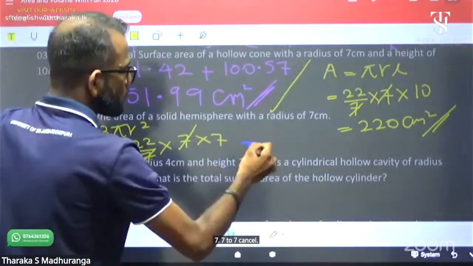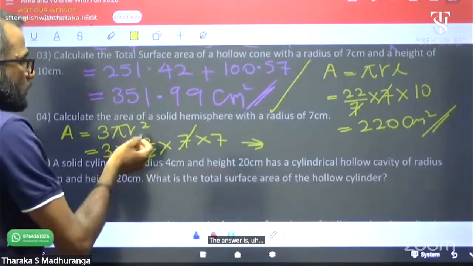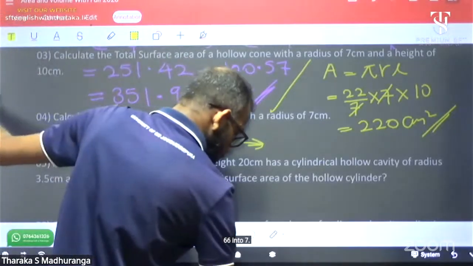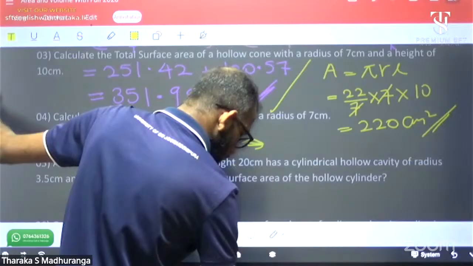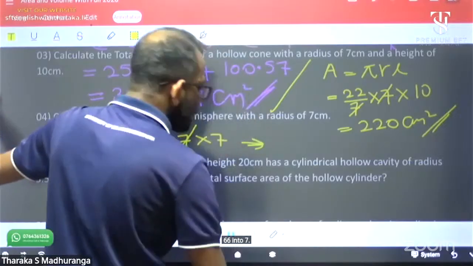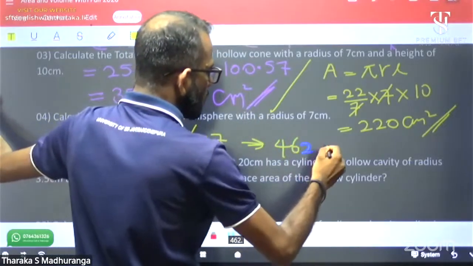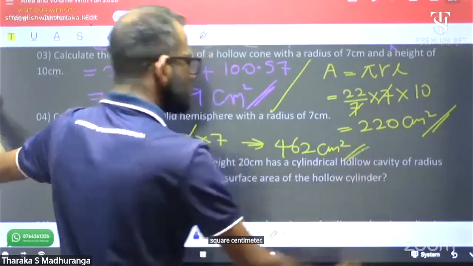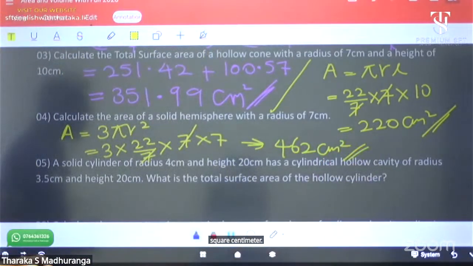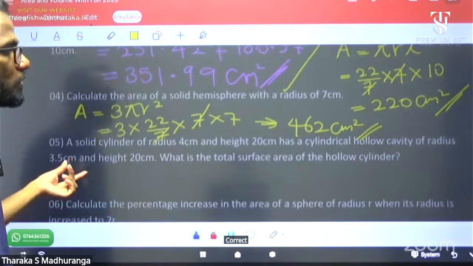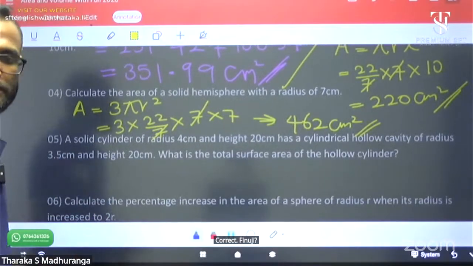The answer is 66 into 7, 462 square centimeter. Correct? Vinuji? Harija?